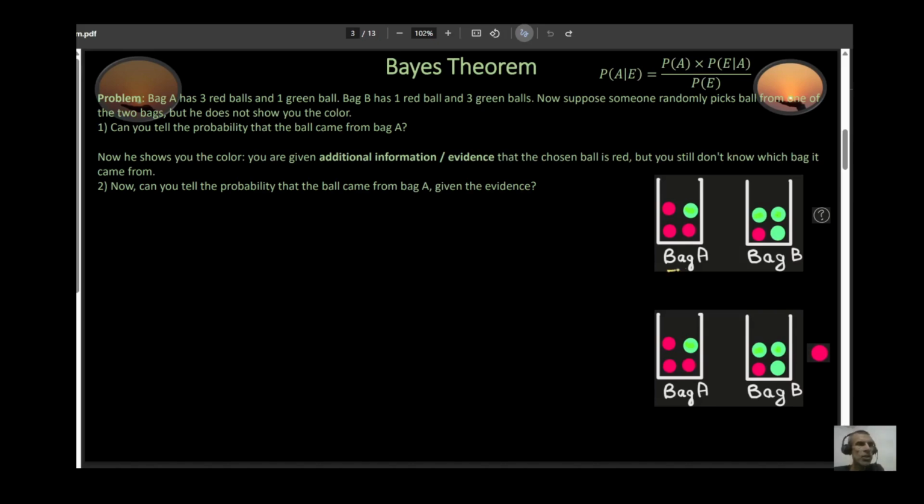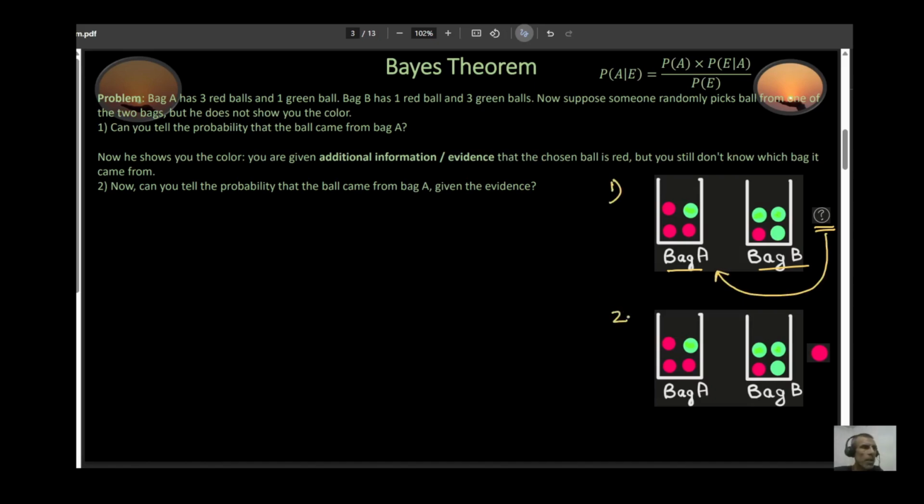Bag A has three red balls and one green ball. Bag B has one red ball and three green balls. Now suppose someone randomly picks a ball from one of these two bags, but he does not show you the color. Can you tell the probability that this ball came from bag A? That's your question one.